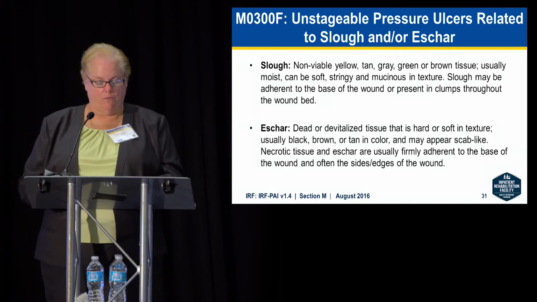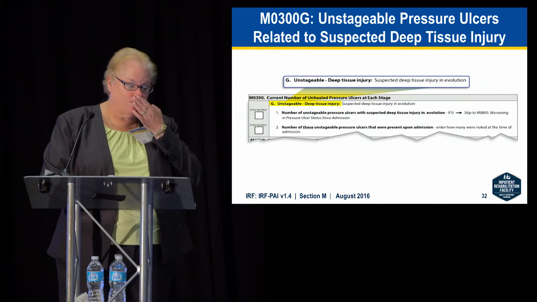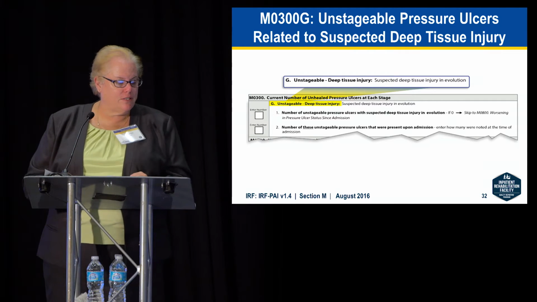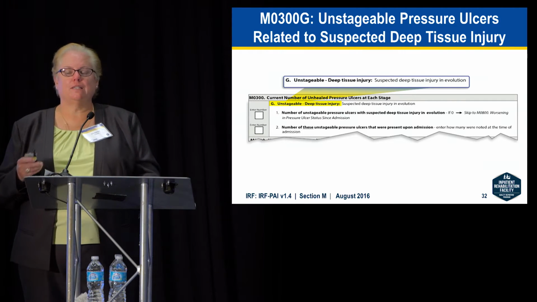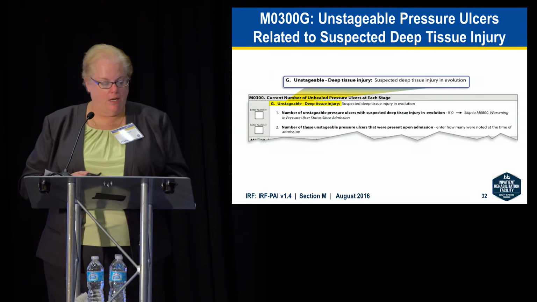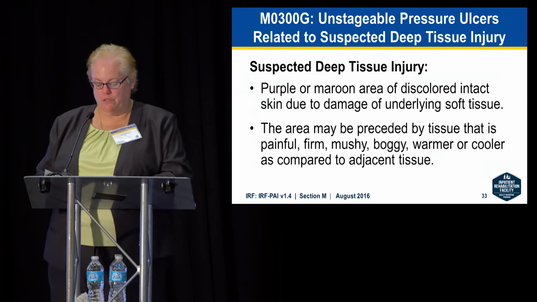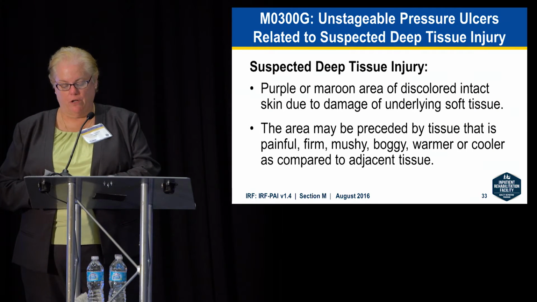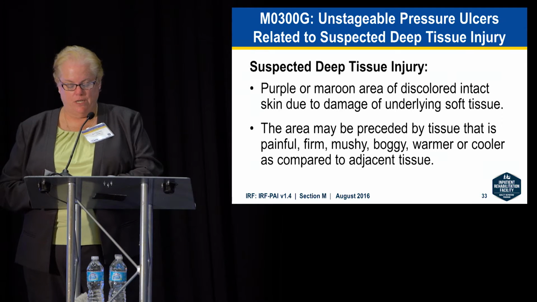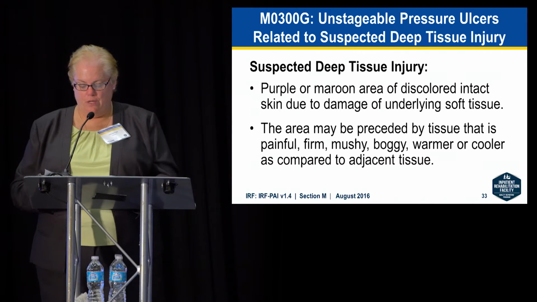So again, it won't clean off by just wiping it. And then we have unstageable pressure ulcers related to a suspected deep tissue injury. A suspected deep tissue injury is usually a purple or maroon area of discolored intact skin due to damage of underlying soft tissue.